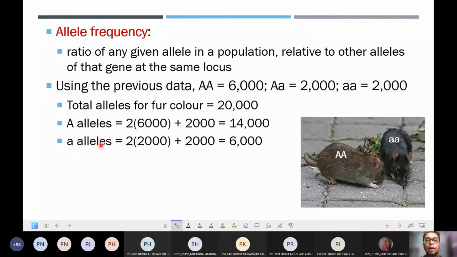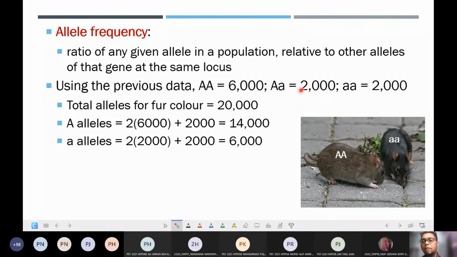What about the number of recessive alleles? Kita tengok kat sini, there will be no small letter a alleles, tak ada kan? So kita abaikan. Dekat sini ada. There will be 2,000 heterozygous rats that will have one small letter a allele, so kita tak payah darab dengan 2.